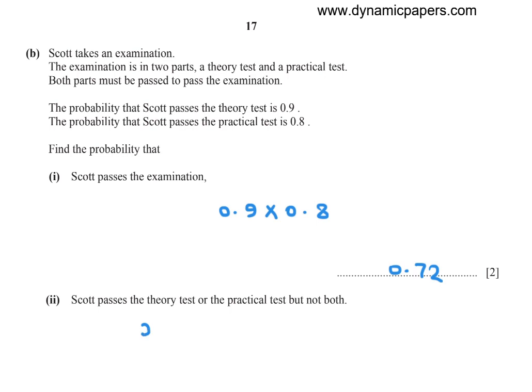So 0.9 times 0.2, because if the probability to pass the practical test is 0.8, the probability to not pass is 0.2, plus, he doesn't pass the theory test, so 0.1 times 0.8, equals 0.26.